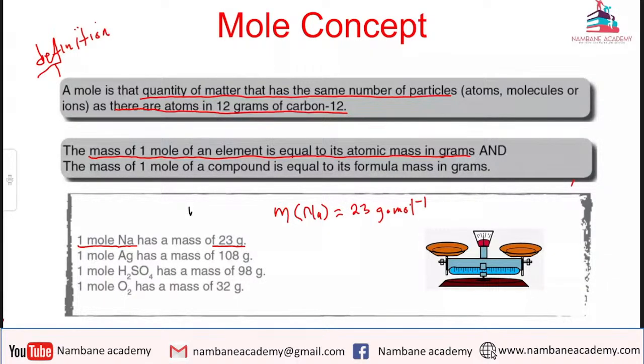So it means for every 1 mole of sodium, I have 23 grams of mass. So what we see on the periodic table as the molar mass actually represents 1 mole of a substance or an element, in a sense that that amount of molar mass is the mass only if I have one mole.